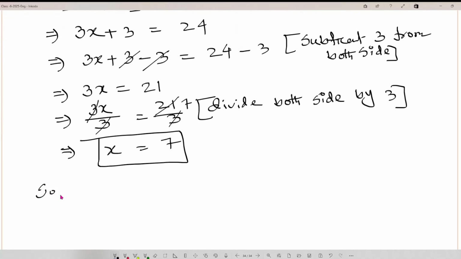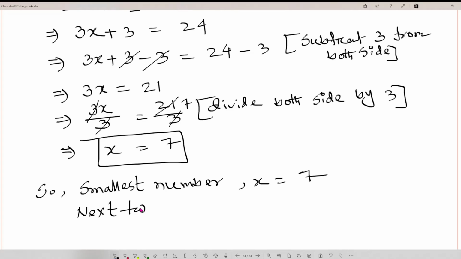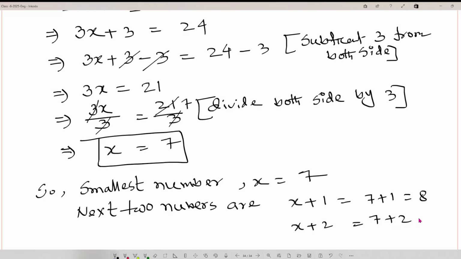So smallest number x equals to 7. Next two numbers, right? Numbers are x plus 1 equals to 7 plus 1 equals to 8, and x plus 2 equals to 7 plus 2 is 9.